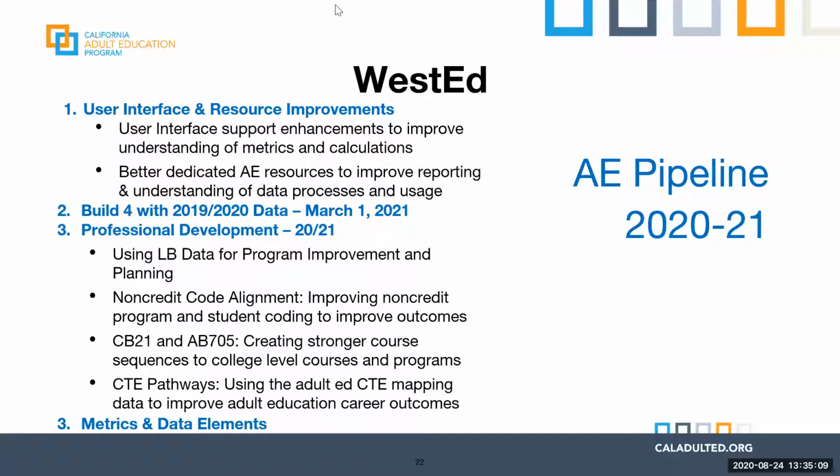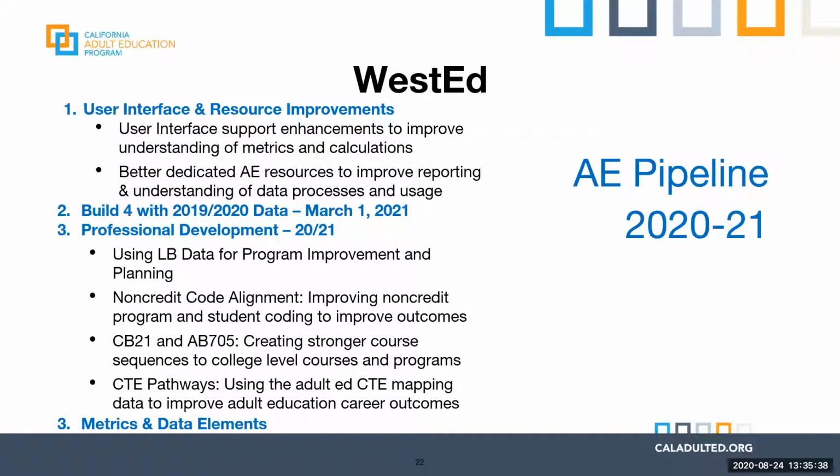So related to the adult education pipeline this year, there are a few things going to happen, one of which is that between now and the new build next winter, build 4, we're going to be trying to do some user interface enhancements to really help increase access to resources to help people in the field. That's not just administrators, but teachers and counselors understand what the metrics are, how they're calculated, and what they're actually measuring.